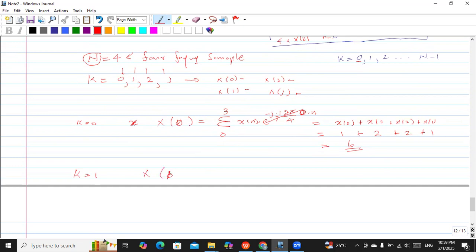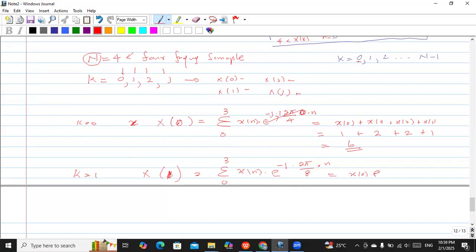find x1. Okay, that is the sum from 0 to 3, xn e to the power minus j 2π by 8. Now k is 1, n. Okay, k is 1. Okay, now you need to expand this again.